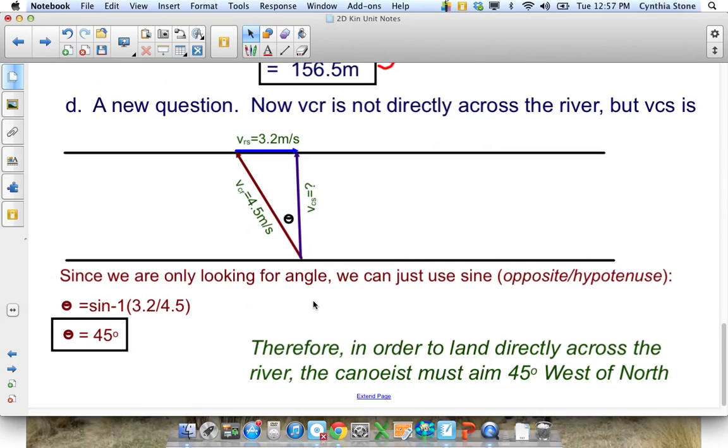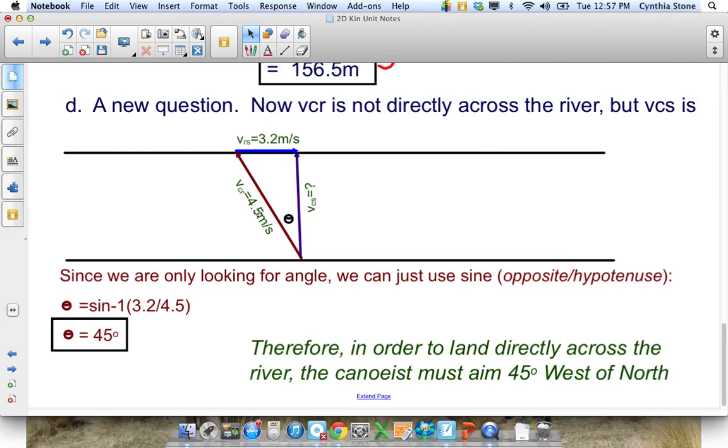Now what changes is, this is where they're aiming. Where the canoeist aims will always be the velocity with respect to water. That's the 4.5. We don't know now the velocity with respect to shore, but it's not that important because we're just looking for this angle.